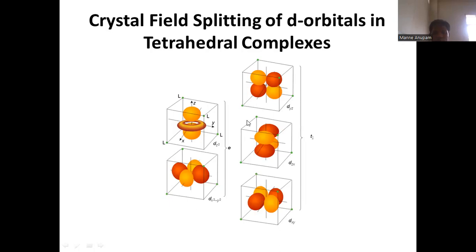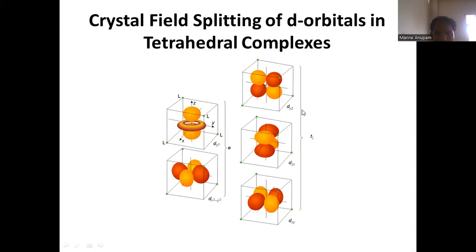The orbitals present on the axes are the EG orbitals. The ones present in between the axes are called T2G orbitals. So we have EG orbitals and T2G orbitals.